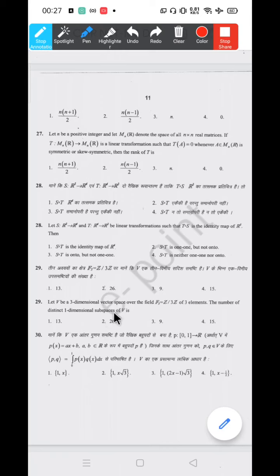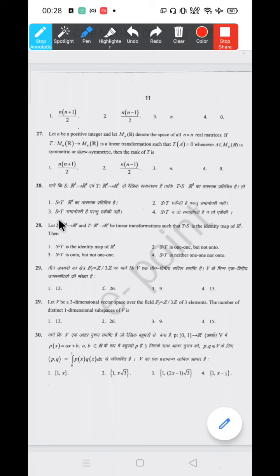Let V be a three-dimensional vector space over the field Z3. Find the number of distinct one-dimensional subspaces of V. So I think I know the formula for this. What was the formula?